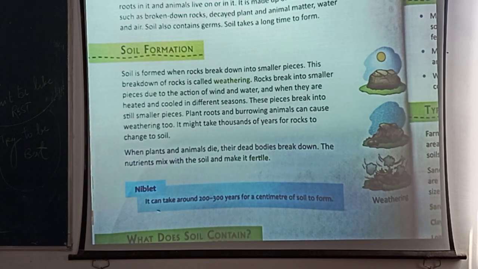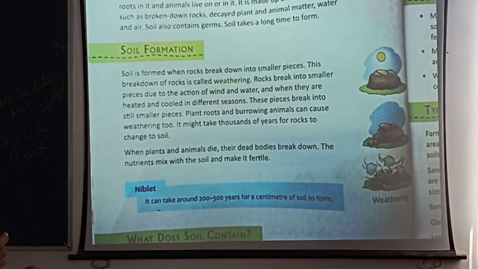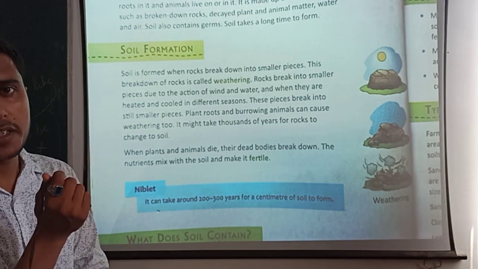Water is also present under the soil, and air too. Soil also contains germs; different kinds of germs are present inside the soil. Soil takes a long time to form.